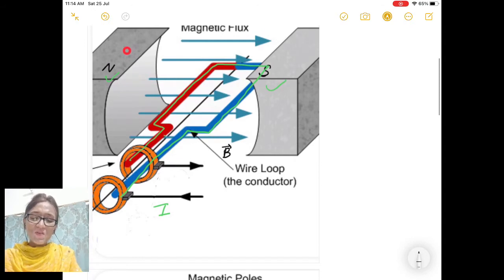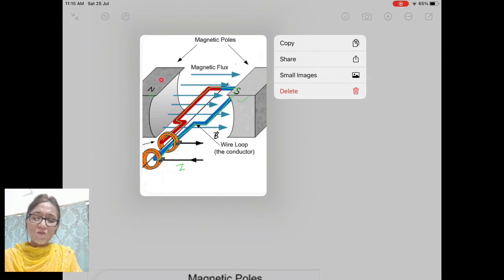Now we will find the torque due to this current coil in the magnetic field.